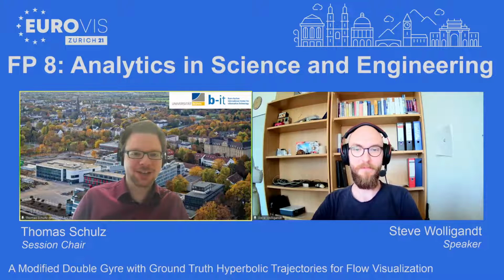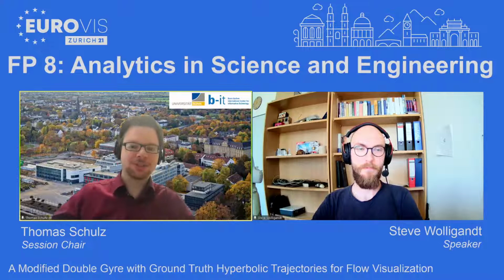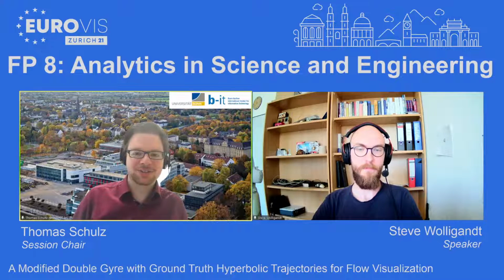Similarly, Ingrid Hotz has a question about a potential extension. She says, it is always great to have data sets with ground truth. Do you have any ideas about how to generate similar data sets for three-dimensional flows? So that's another way of extending it.